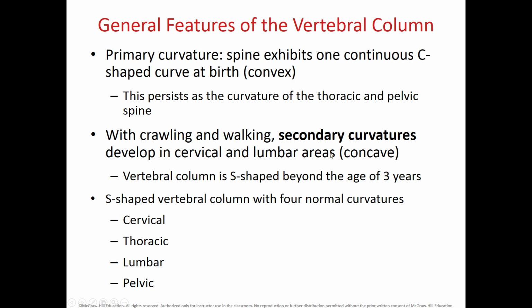Opposite to the primary curvatures, which are convex, these ones are concave. All of these together, the primary and the secondary, form an S-shaped vertebral column in the mid-sagittal view with these 4 normal curvatures: the cervical, thoracic, lumbar, and pelvic.